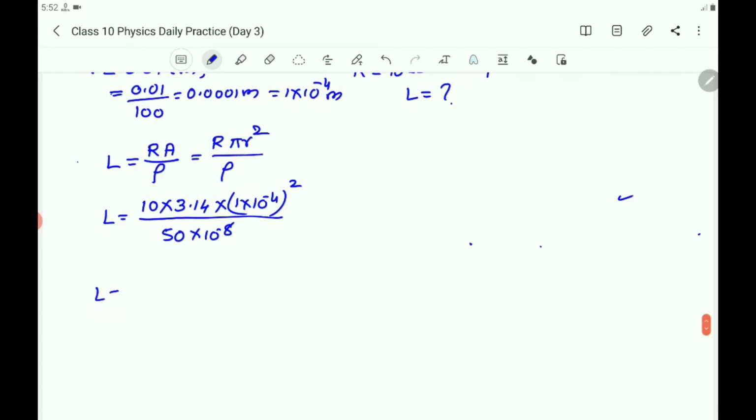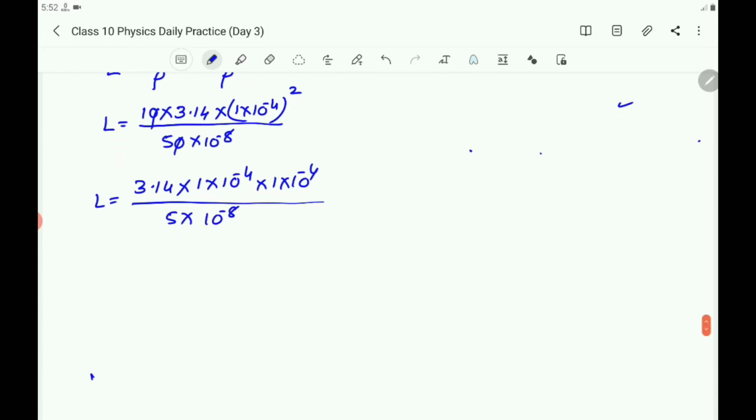Then L equals 3.14 into 1 into 10 power minus 4 into 1 into 10 power minus 4 divided by 5 into 10 power minus 8.